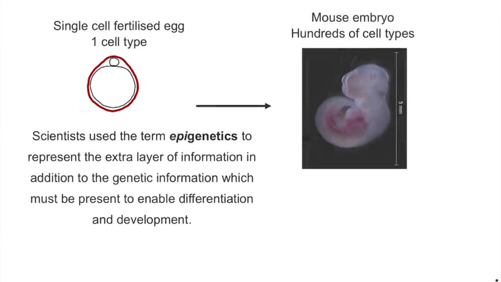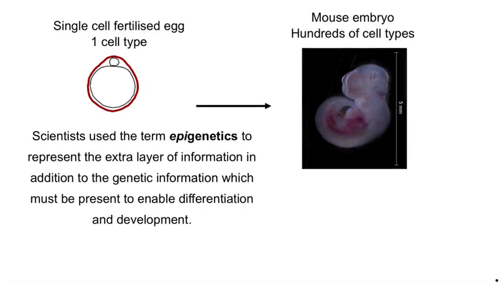Back in medieval times, they actually thought that within the head of the sperm was a tiny, fully formed human called a homunculus, and that the egg and the mother really just grew this tiny human. But of course, we now understand this is not the case at all. Rather, what happens is that there's additional information on top of that genetic information, which allows the formation of each individual cell type, despite the same book of instructions that exists within each of these cell types.